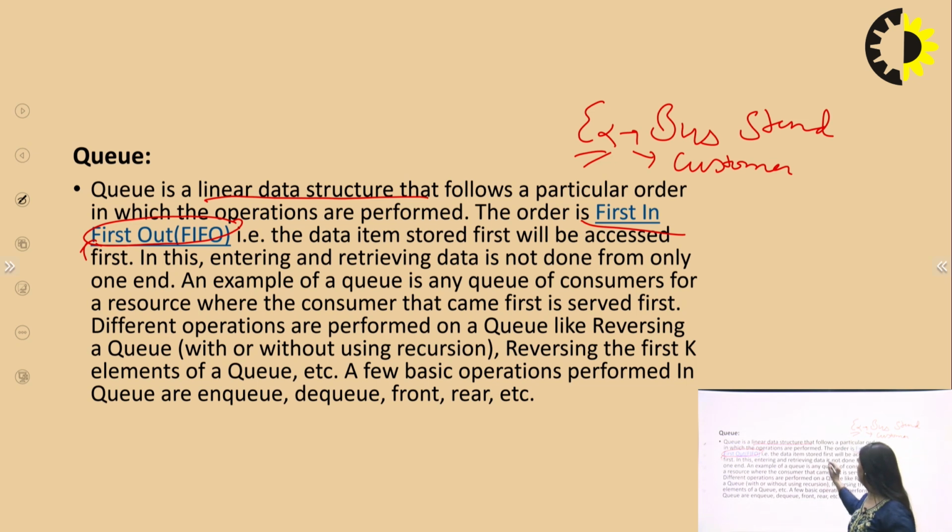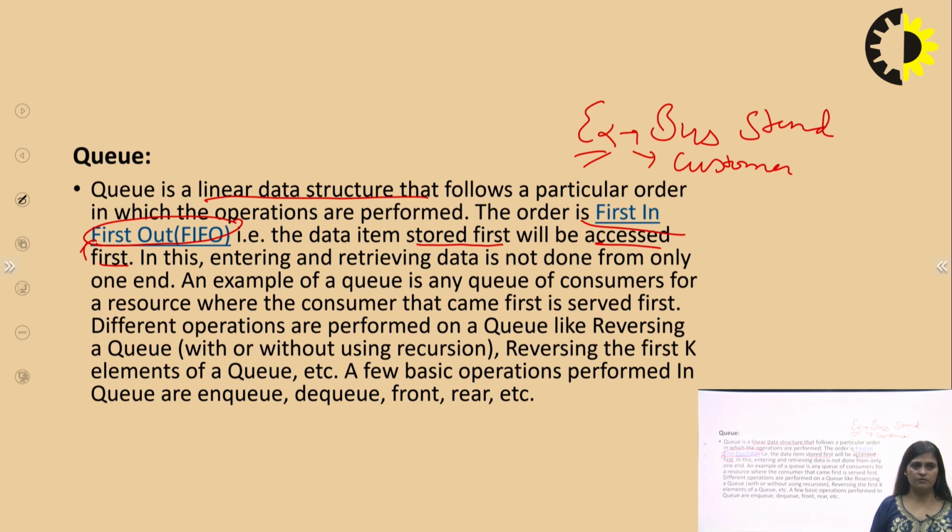The data item stored first will be accessed first. In this, entering and retrieving data is not done from only one end. An example of a queue is any queue of consumers for a resource, where the consumer that came first is served first.